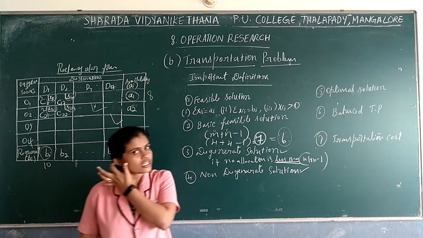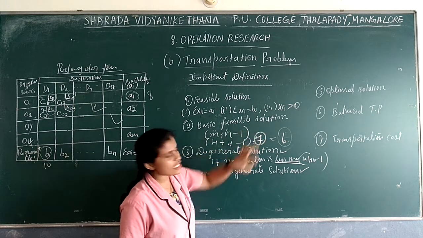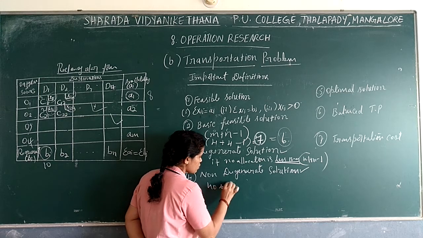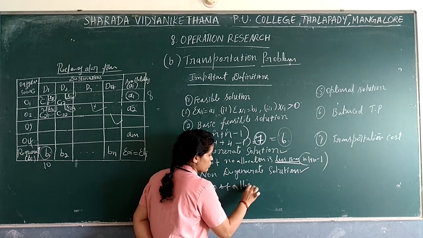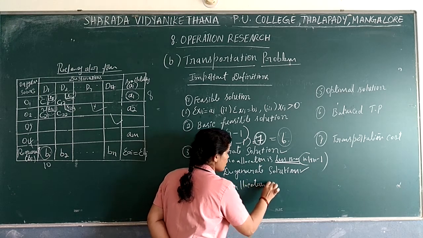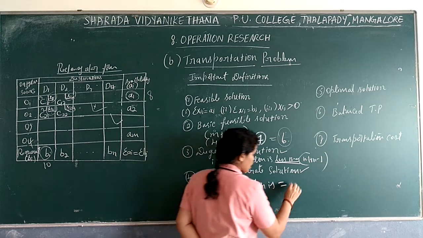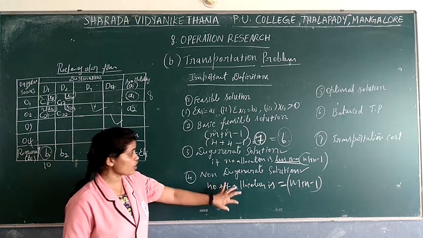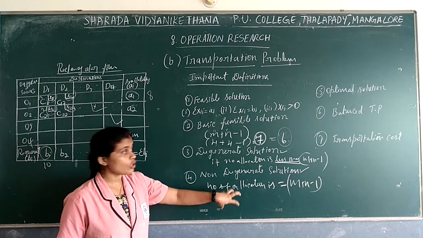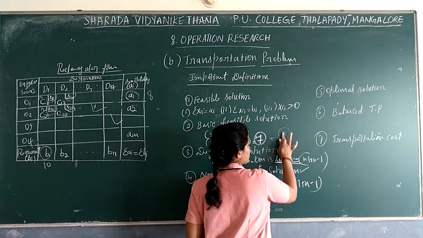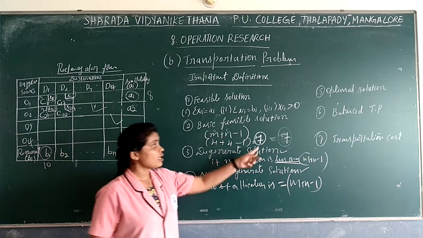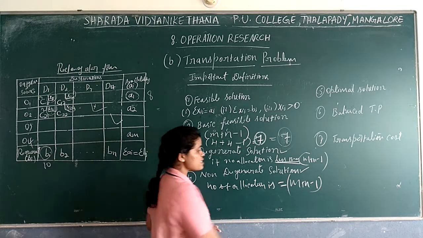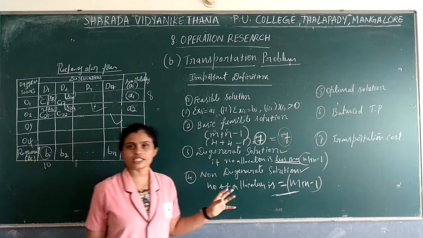Then what is non-degenerate solution? Non-degenerate solution is the same condition where the number of allocations is equal to m plus n minus 1. As I said in the previous condition, allocation is 7, and here also we get 7. Such a condition we conclude as non-degenerate solution.